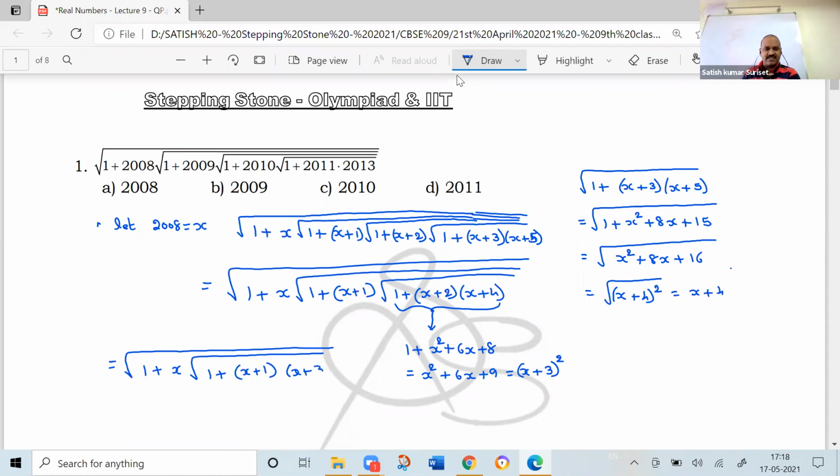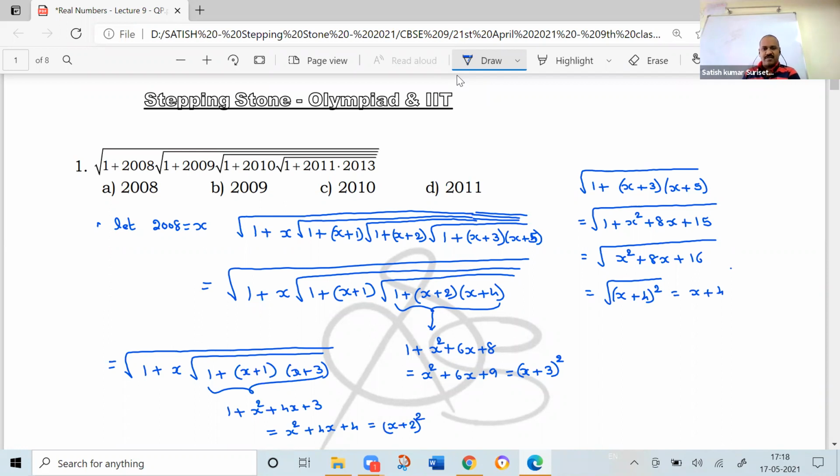In the same manner, if I simplify this, 1 plus x square plus 3x plus x, 4x, plus 3, which is x square plus 4x plus 4, which is the same as x plus 2 whole square.